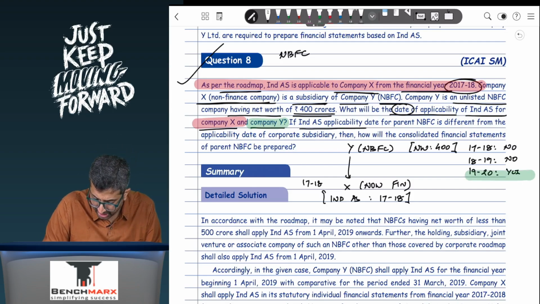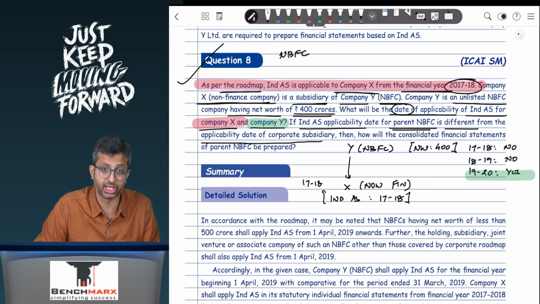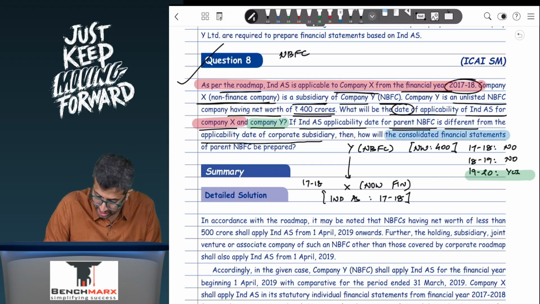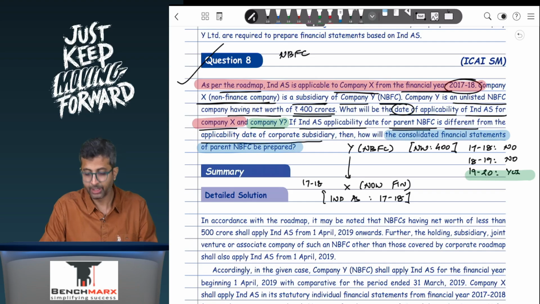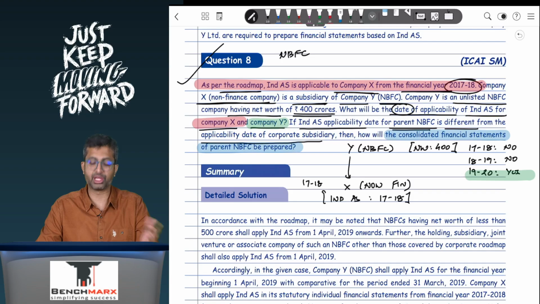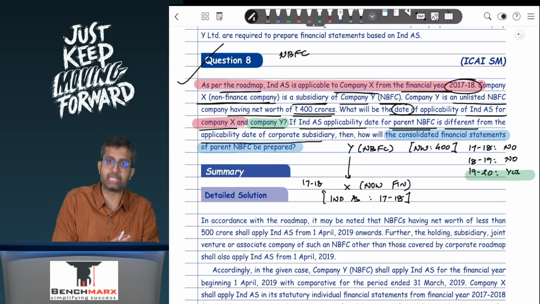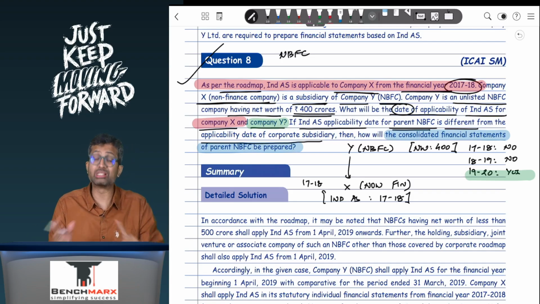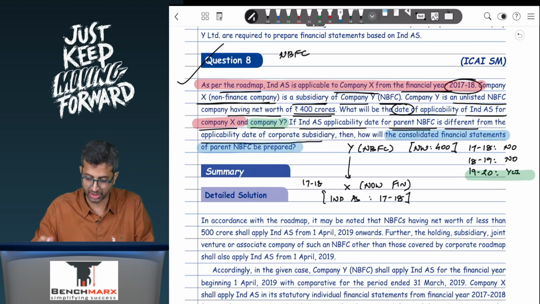If Ind AS applicability date for the parent NBFC is different from the applicability date of the corporate subsidiary, which is the case over here, then how will the consolidated financial statements of NBFC be prepared? Now the CFS of the NBFC for the year 17-18 as well as 18-19 will be as per AS. Now each subsidiary has prepared as per Ind AS, so it will have to restate X's financials into AS for the purpose of consolidation.